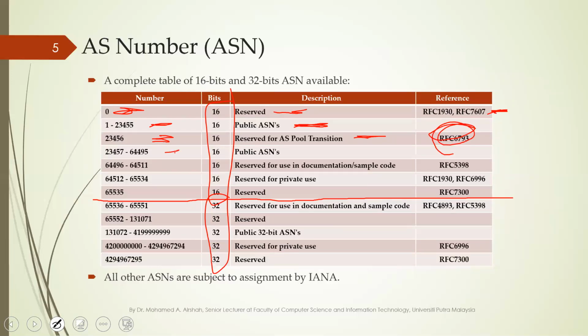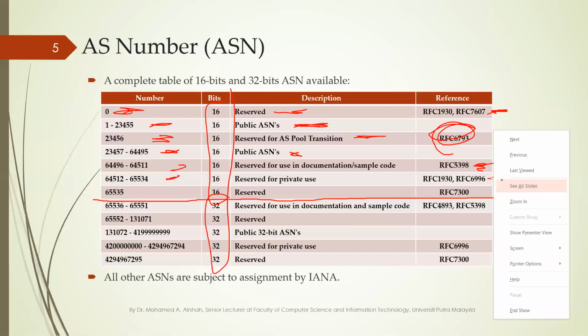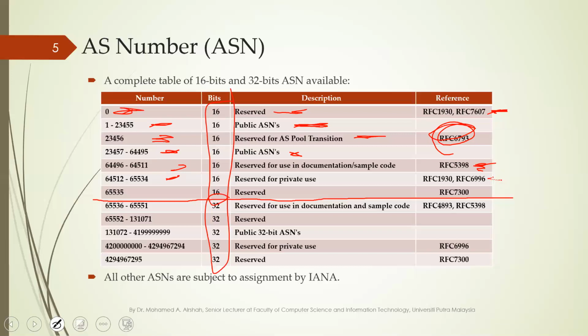And after that, this range is also reserved for public ASN. And this range is reserved for use in documentation and sample code based on this reference. After that, this range here is reserved for private use based on these RFCs. And this number here is reserved based on this RFC.